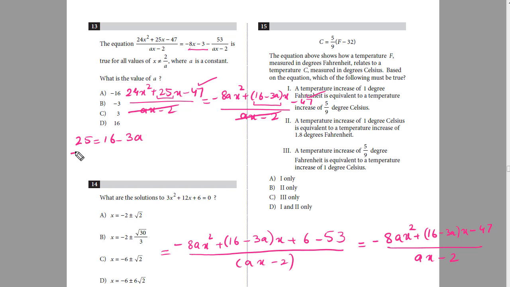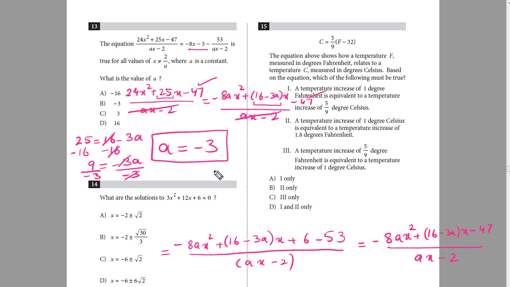So I'll subtract 16 on both sides. This will get cancelled, and on the left side I'll have 25 minus 16, that will be equal to 9. So 9 is equal to negative 3a, divided by negative 3 on both sides. This will get cancelled, and a will become equal to negative 3.